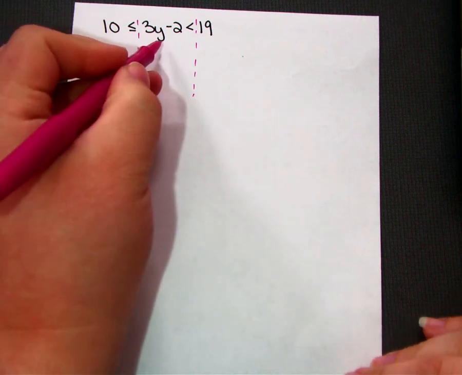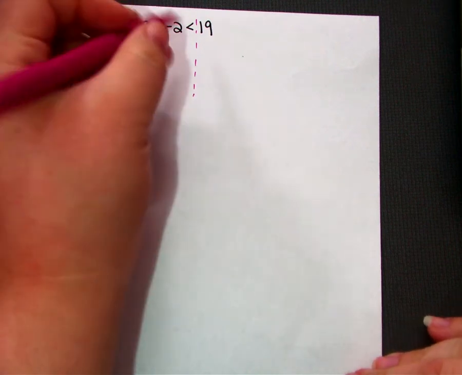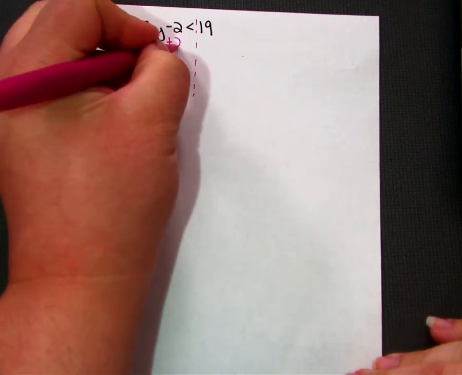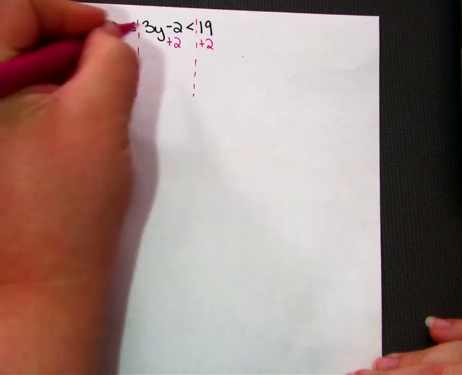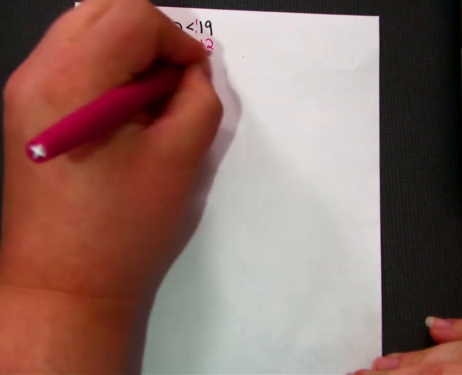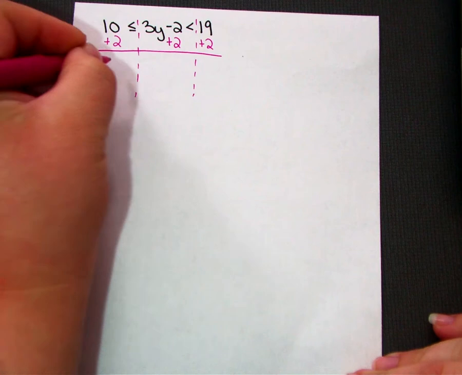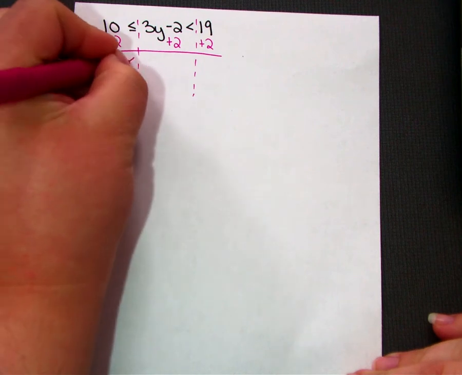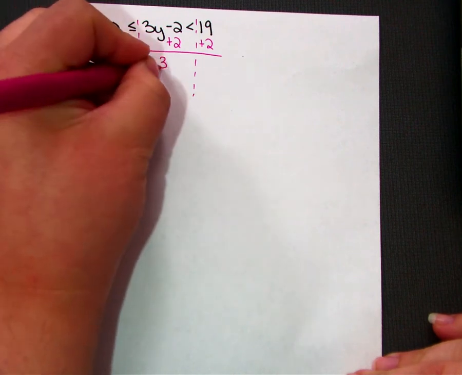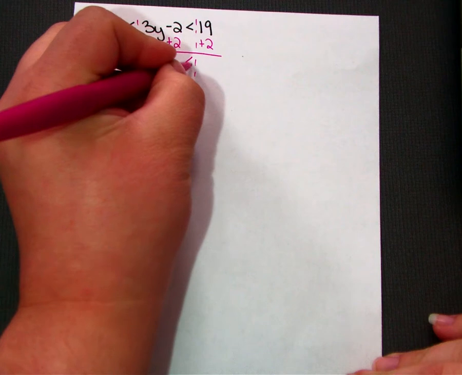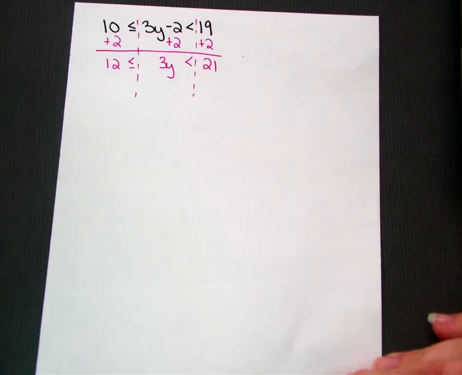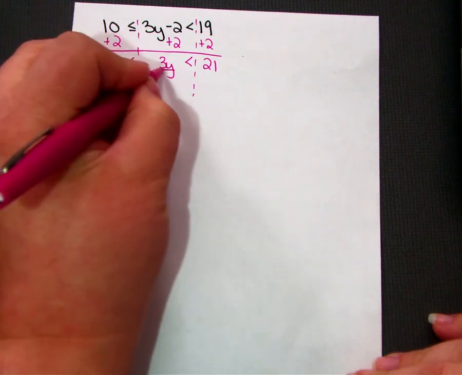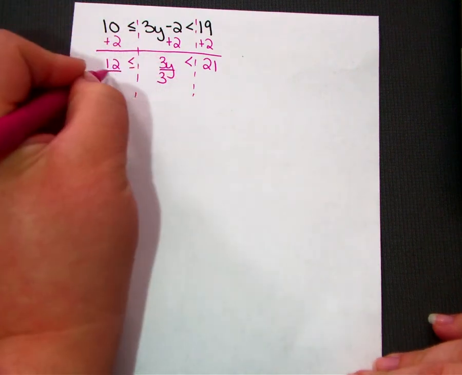First, we're going to add 2 to each of those 3 parts. And I get that 12 is less than or equal to 3y is less than 21. Now we're going to divide by 3 in all 3 parts.